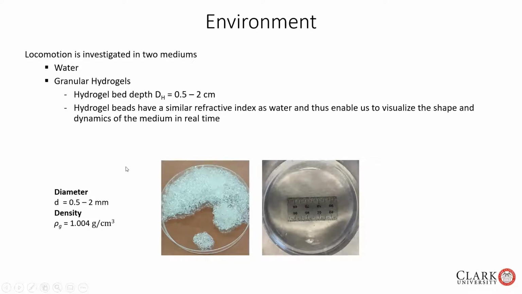When fully grown in water, it can grow to a size of 0.5 to 2 millimeters. Hydrogel also has a density close to that of water, and because hydrogel has a similar refractive index as water, it enables us to visualize the swimming dynamics of our robot system in real time through the medium.